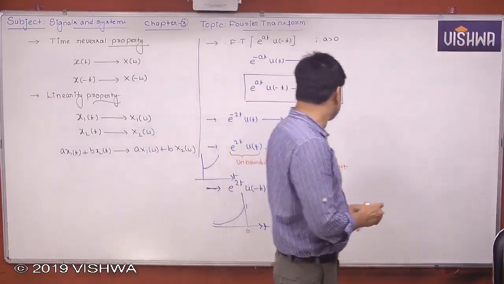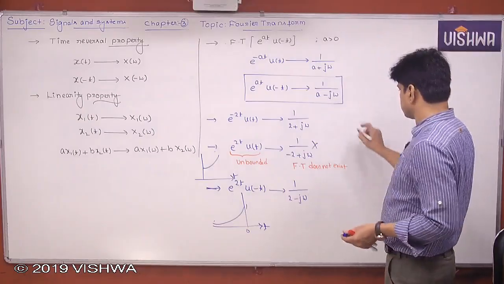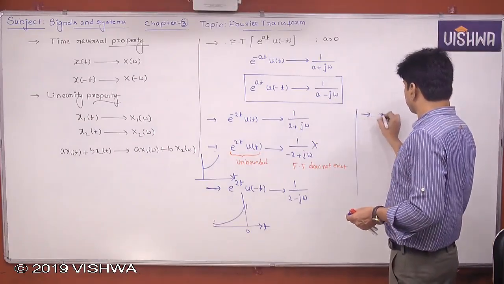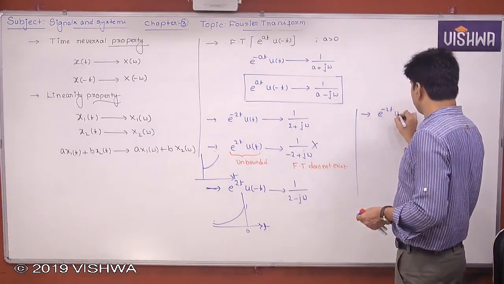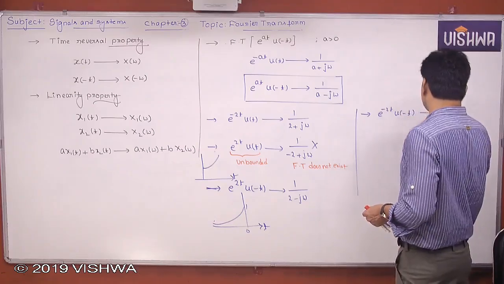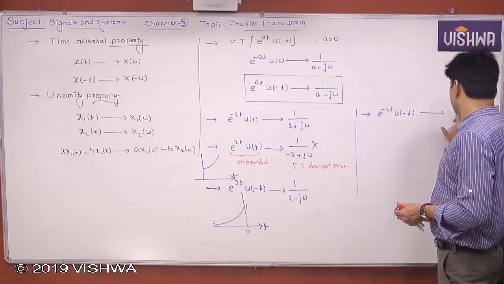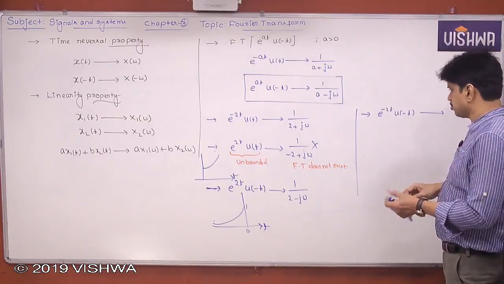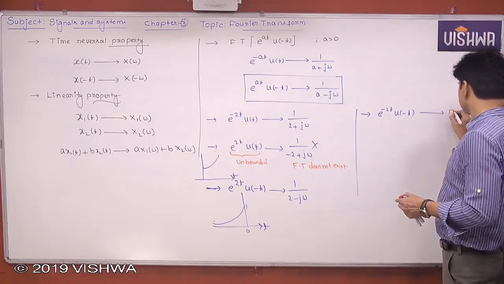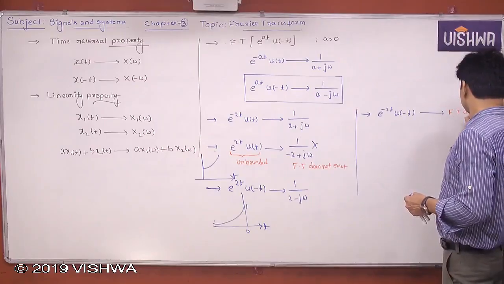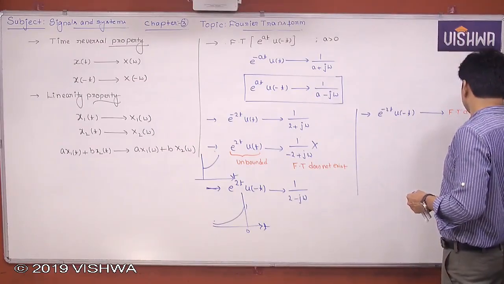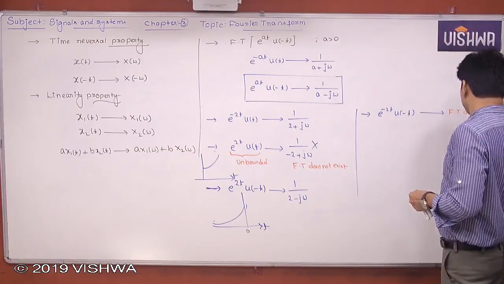Okay. What if I take it like this? e power minus 2t u of minus t. For this also, the Fourier transform does not exist. Why is it not existing?